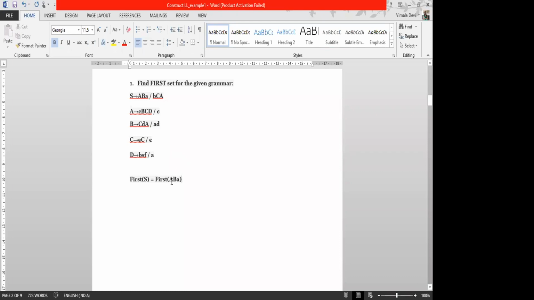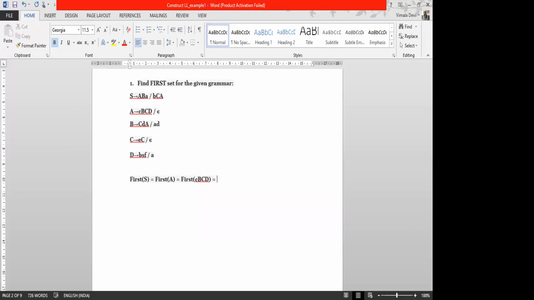In that, the very first symbol is A, which is a non-terminal. Go for A. Again, A has two alternatives. One is CBCD, another one is epsilon. So now, since first of S is first of A, we are supposed to find first of CBCD.